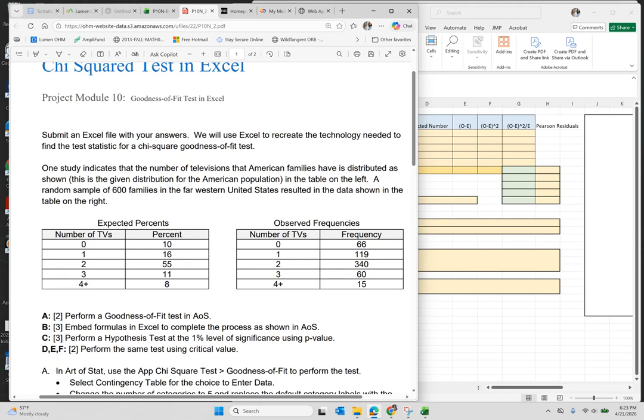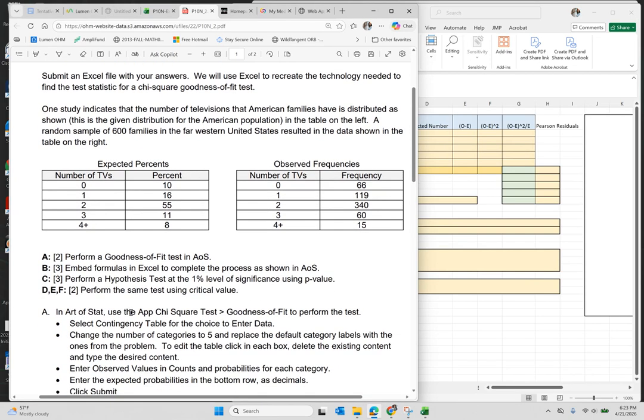And then on the other table on the right, we have the number of TVs and the frequency that this particular number of TVs occurred within a sample of 600 families in the far western United States. So we will perform a goodness of fit test to see whether the far western United States number of TVs per household distribution follows the American distribution.